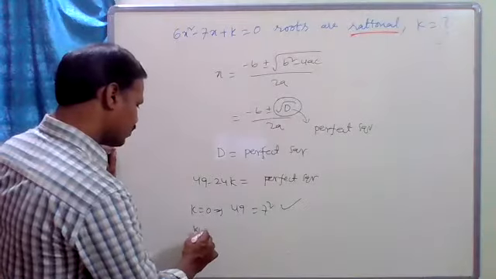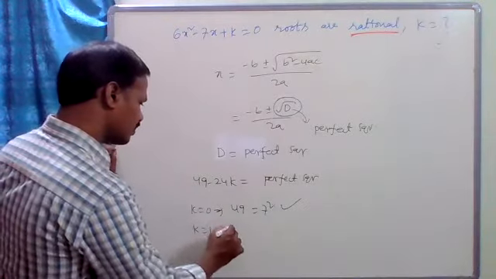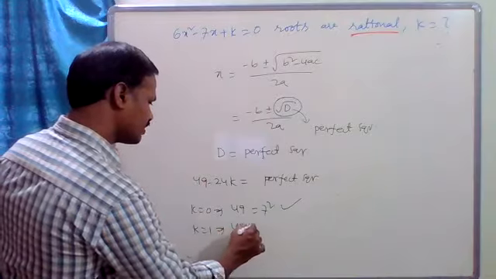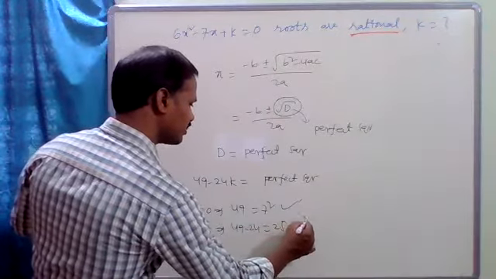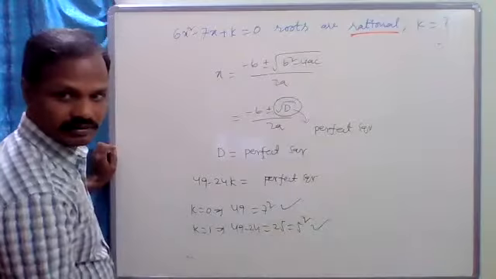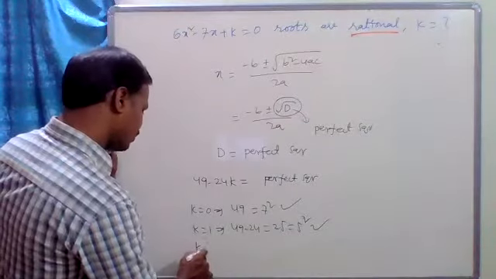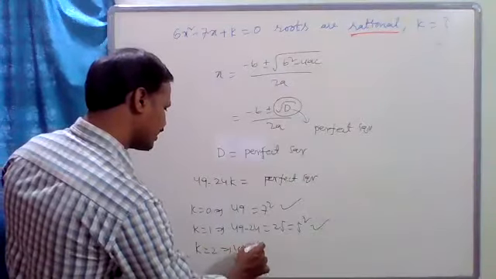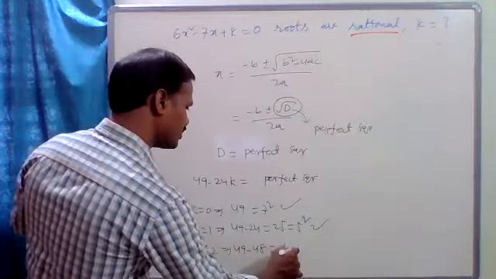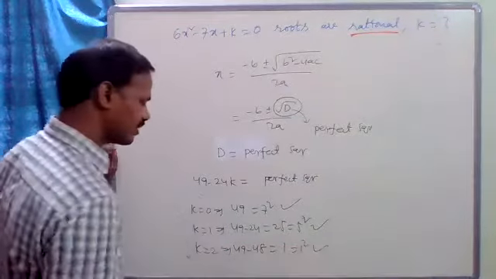Now, if you take k equal to 1, then 49 minus 24 equals 25, which is 5². Then also it is a perfect square. Now k equal to 2: 49 minus 48 equals 1, which is 1². Then also a perfect square.